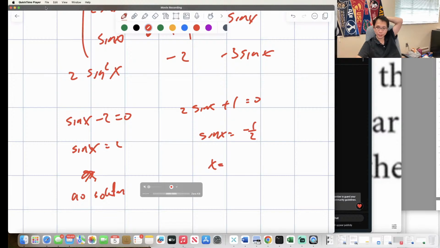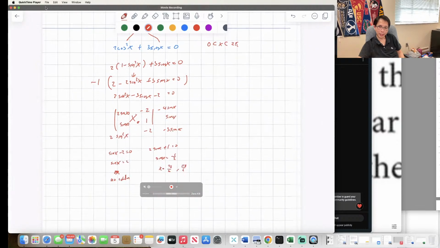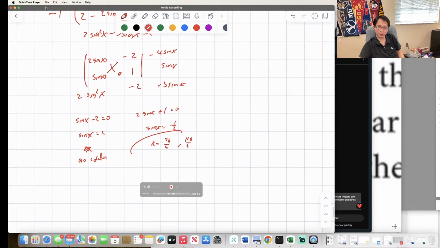We have a solution here, 7 pi over 6 and 11 pi over 6. Now, do you have to add 2 pi n? No. Sometimes the question says find between 0 and 2 pi, so 0 ≤ x ≤ 2 pi. And that's the question, so there are going to be 2 answers. If you graph it, you're going to see 2 x-intercepts. That's how you check your answers.